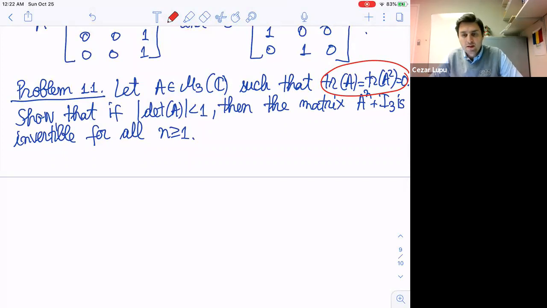So maybe this can tell you something about the eigenvalues, or maybe even if you don't have to go that far, honestly. But this can tell you something about how the matrix would look like.